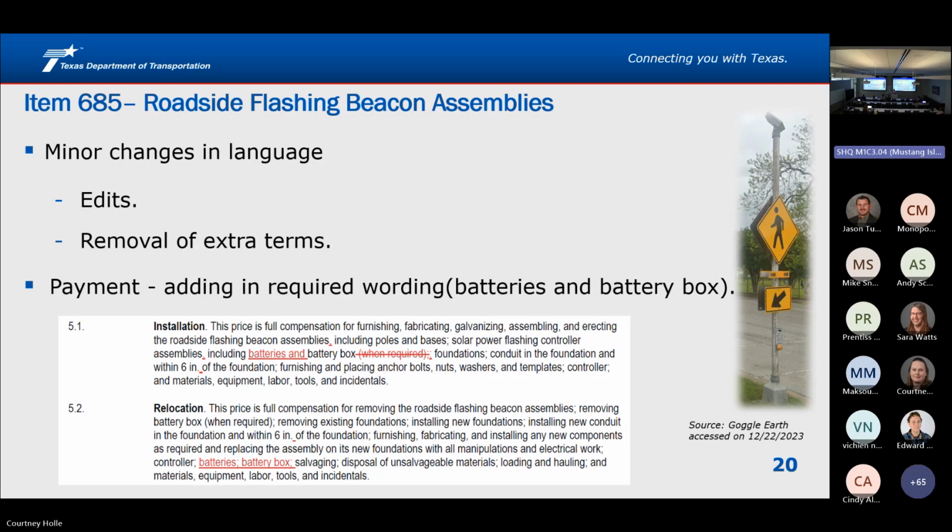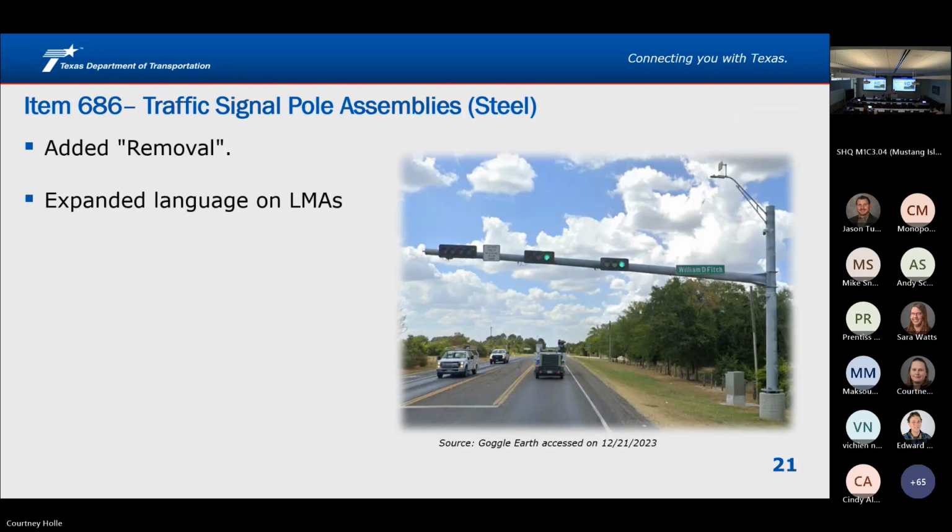And in the payment section, you can see there in red, they added batteries and battery box. So it used to just say, provide a battery box, but it didn't say to include the batteries. So that's been clarified. And then item 686, traffic signal pole assemblies, added removal for that and expanded language on the long mast arm assemblies.